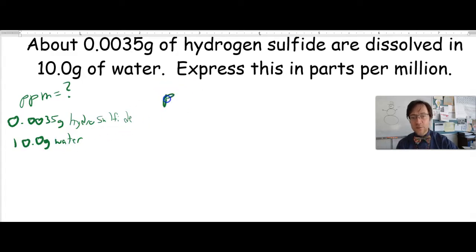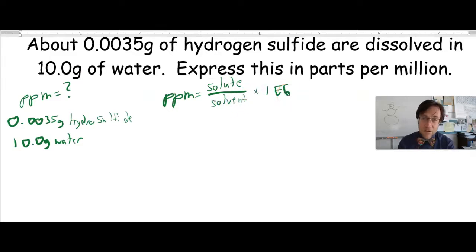So the equation is parts per million equals part over... So here's the thing. With parts per million, you could do part over whole times 100, or you could just do the part, the thing that you're looking for, the solute, over the solvent, times a million, right? Because if you look at it, the solute here is 0.0035.